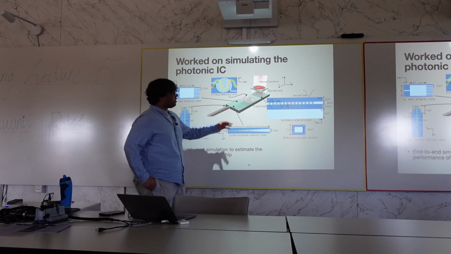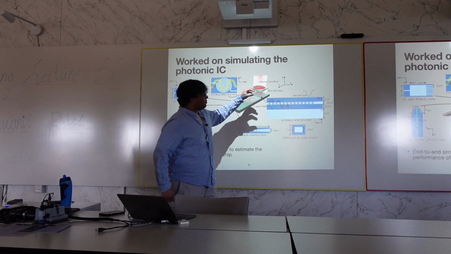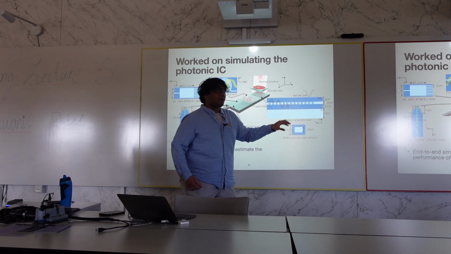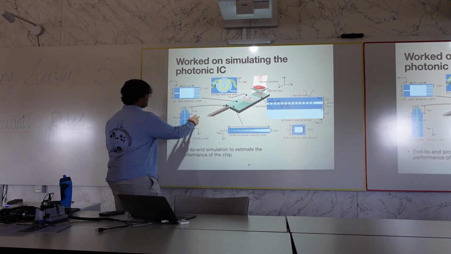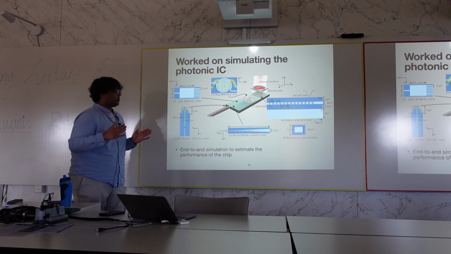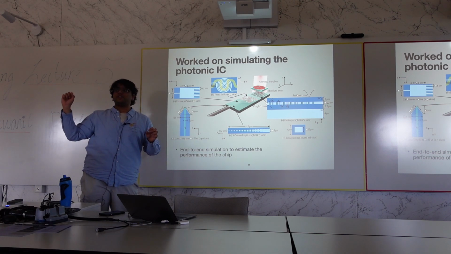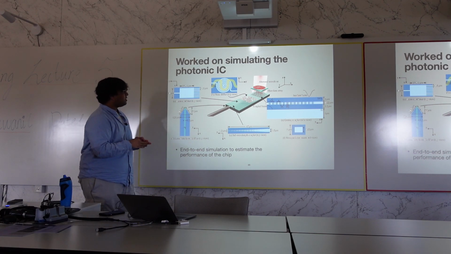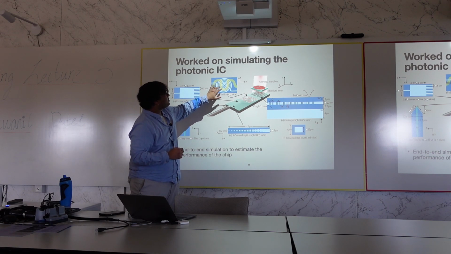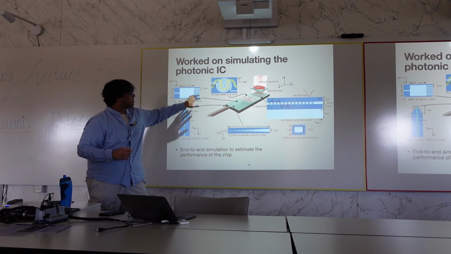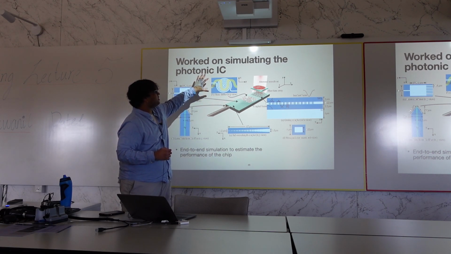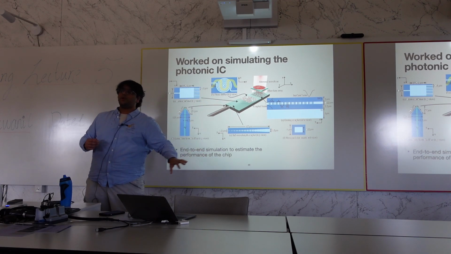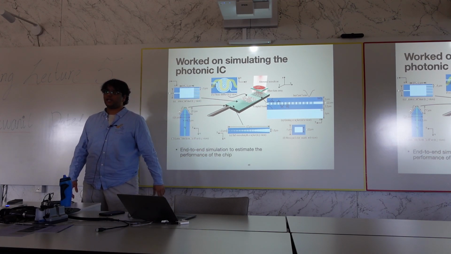You have something called a grating coupler, where you shine the light in and you can couple the light into the chip. Then you have something like a beam combiner, where the light from each part of your telescope aperture is combined, and you can use phase shifters. This is the part where you can change the phase of the light in such a way that you can correct for the Earth's atmosphere.